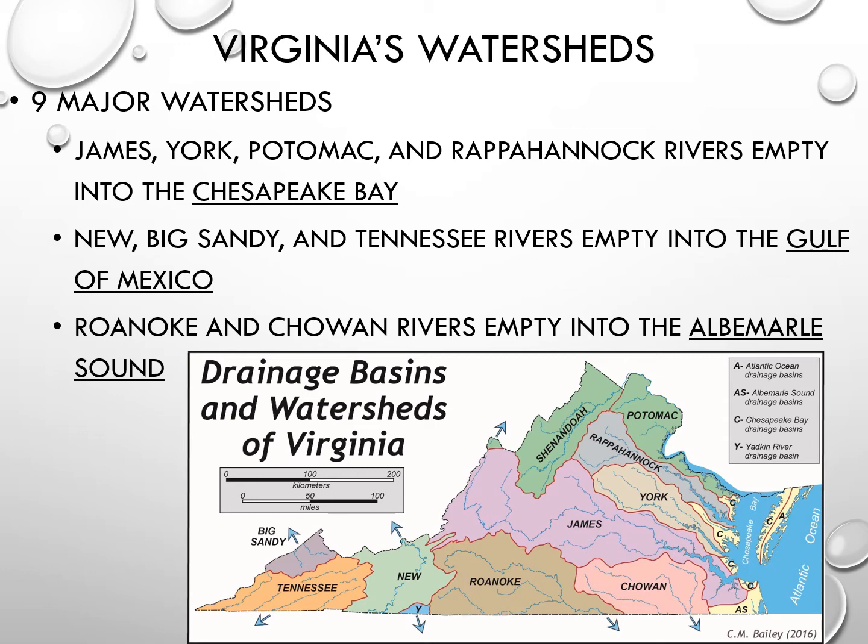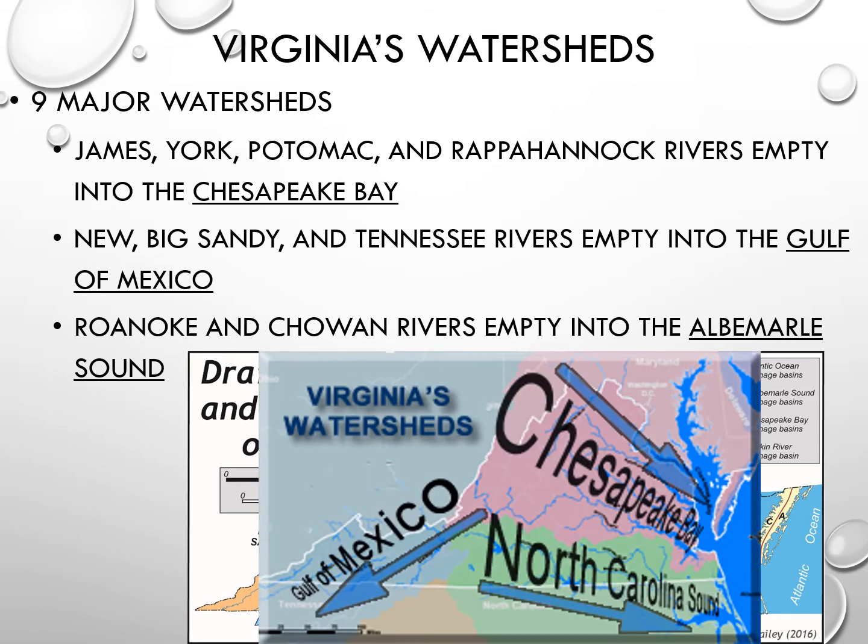And of course, for the Gulf of Mexico, those actually first go to the Mississippi River, and then they dump into the Gulf of Mexico. And then lastly, the Albemarle Sound, which is down in North Carolina. The Albemarle Sound watershed includes the Roanoke and the Chowan rivers. So 3 big chunks, but 9 separate rivers that we have watersheds for.